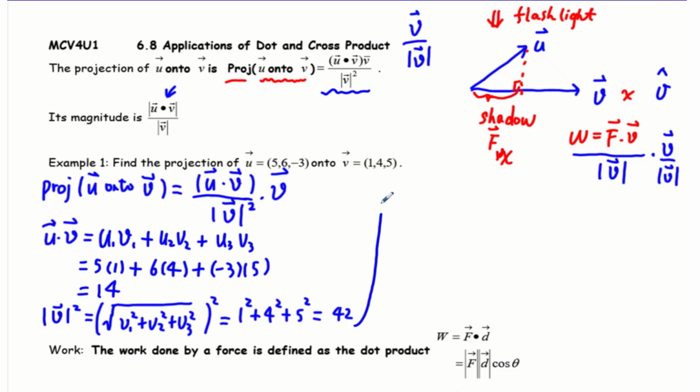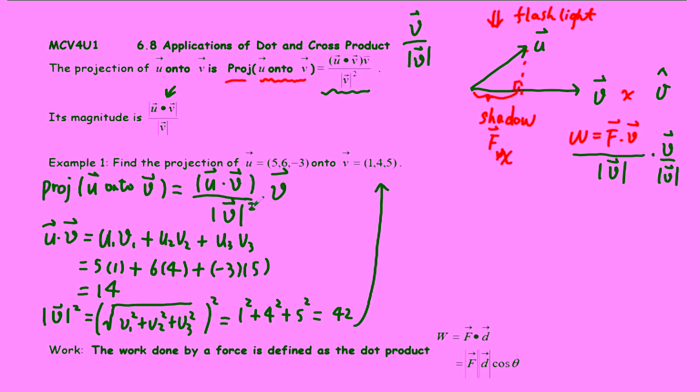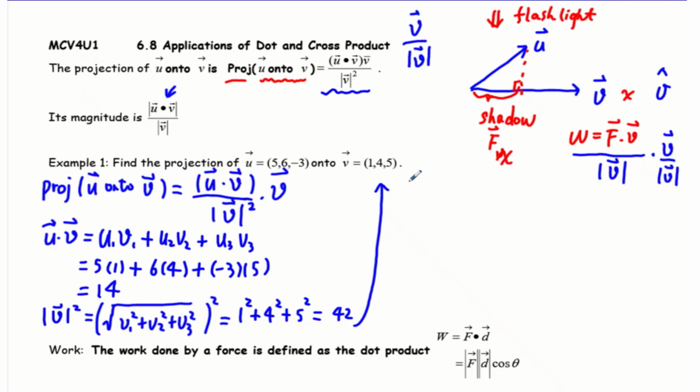So now we have u dot v and we have v magnitude squared. We just substitute all of this into the projection of u onto v, which equals u dot v, which is 14, over magnitude squared, which is 42, then times the vector 1, 4, 5.